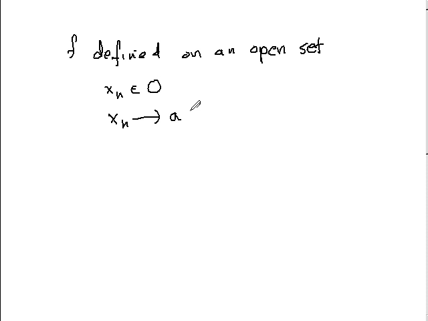So how would you define the limit of f of xn as n goes to infinity? Well, I did it backwards. How would you define f of A? One way to define it is as the limit of the function values as xn approaches A, as n goes to infinity.